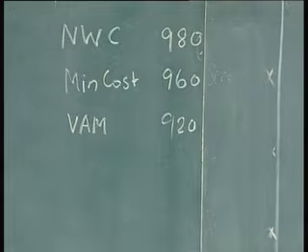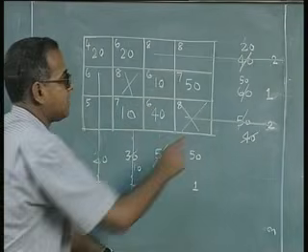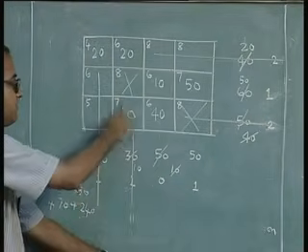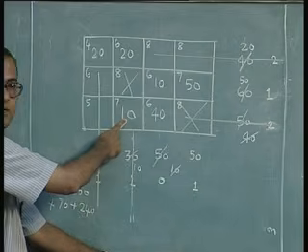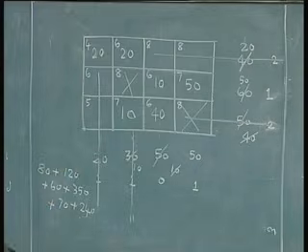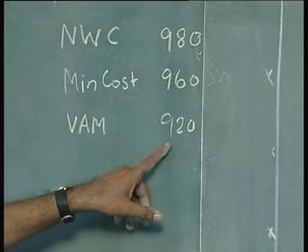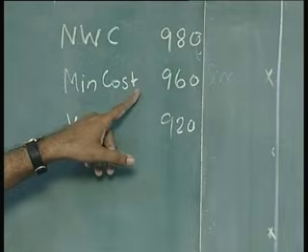Now there are two other dimensions. One is that at one point in time we had a tie in 4 positions, 1, 2, 3 and 4, and then we broke the tie arbitrarily by considering this. If for example we had considered some other position to break the tie, then we may end up getting a slightly different solution for Vogel's approximation method or for the minimum cost method as well.